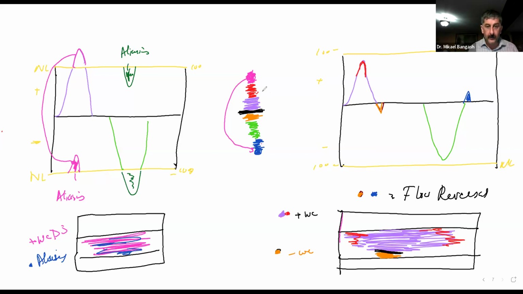Which made me say that in flow reversal, it goes like this, just like it does on your graph. You can say low positive, high positive, and then it crosses the baseline to go into the negative.